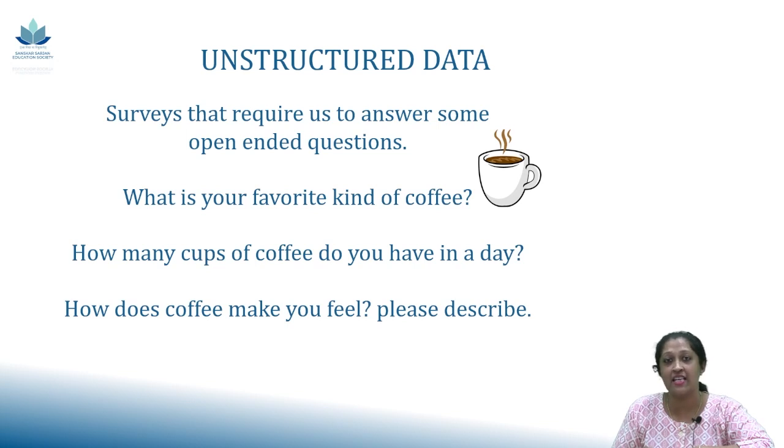In all these questions, there will be options where the user can select the information. But take the last question, how does coffee make you feel? Please describe. The user has to describe the information in his own words. That kind of data we can call unstructured data, which is not in a predefined format.